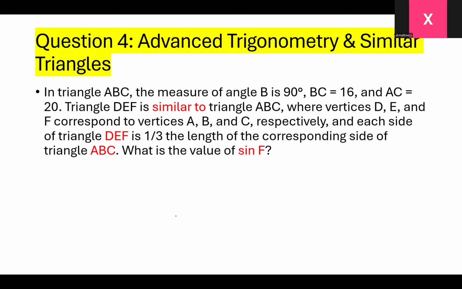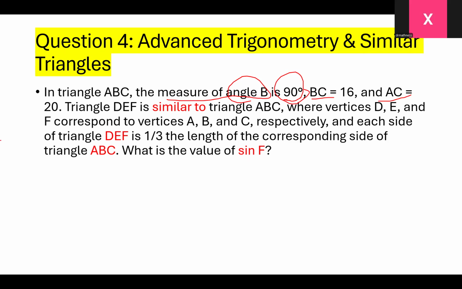For question 4, it is advanced trigonometry and similar triangles. We have two triangles, ABC and DEF, right? And triangle ABC is a right triangle. The measure of angle B is 90 degrees, and then we know the values of BC and AC, right?